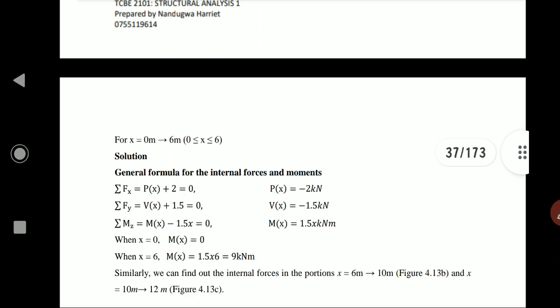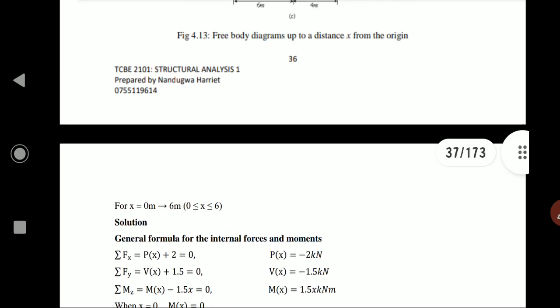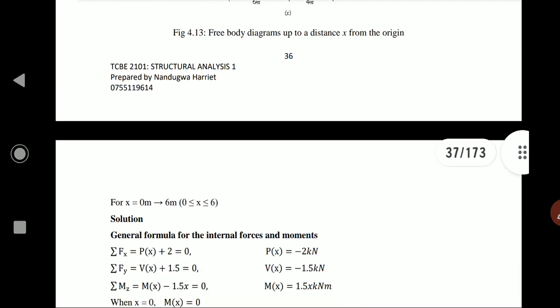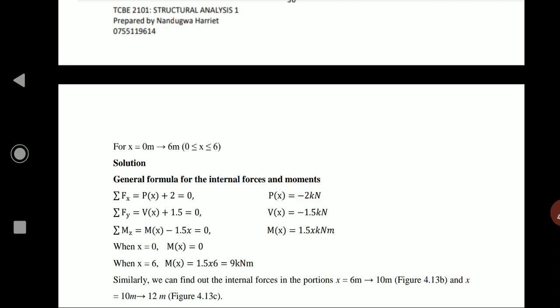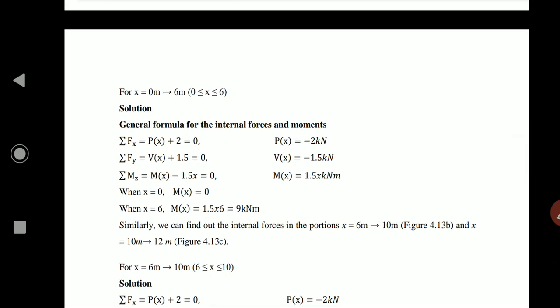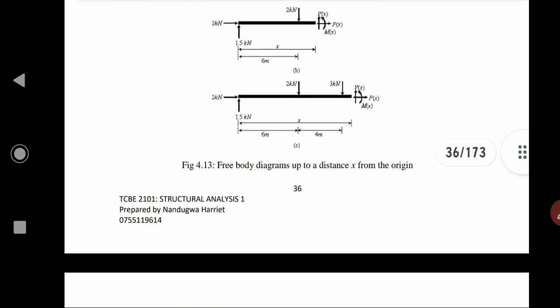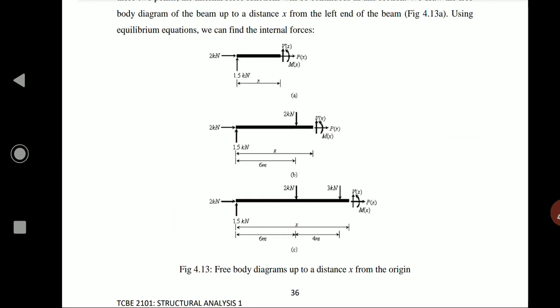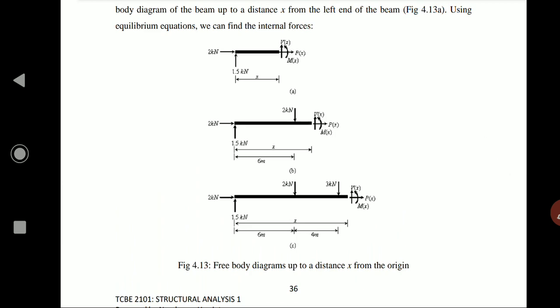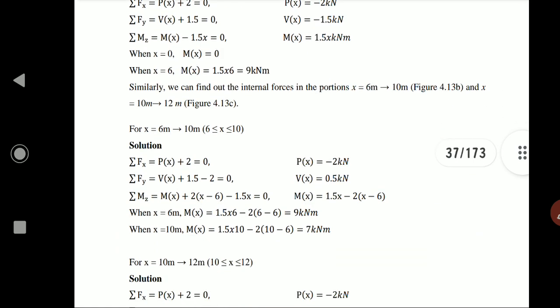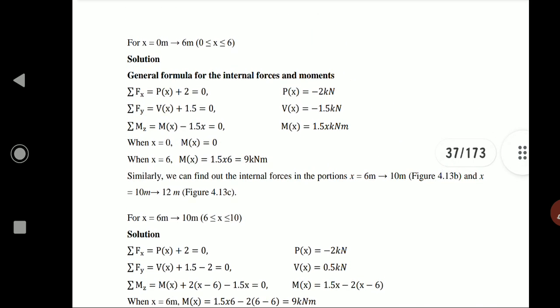Now, for x between 0 and 6, the distance x, our general formula for the internal forces and the moments, we shall consider the equilibrium conditions, summation of the forces in the y direction, in the x direction, and then the bending moment at the point where it was cut, shall have M(x) minus 1.5 times x equaling to 0.